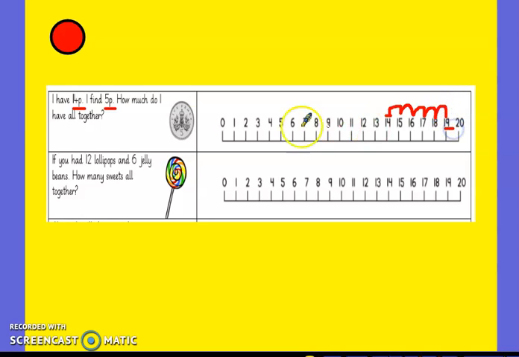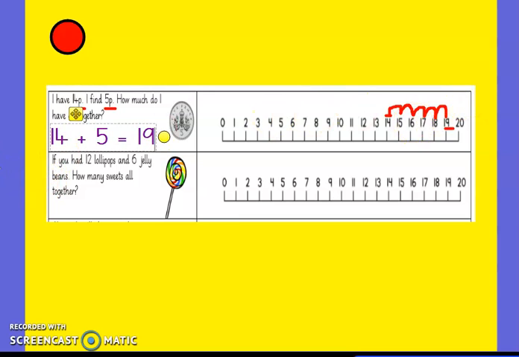So how much have we got altogether? 19p. So you can write your number sentence here underneath, or you can write it in your book. Okay, so you can do 14 add 5. 14 add 5 equals 19. Yeah?